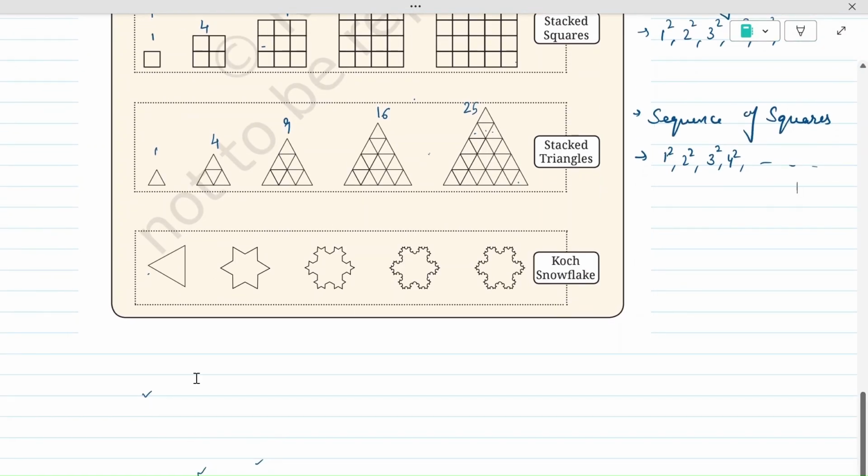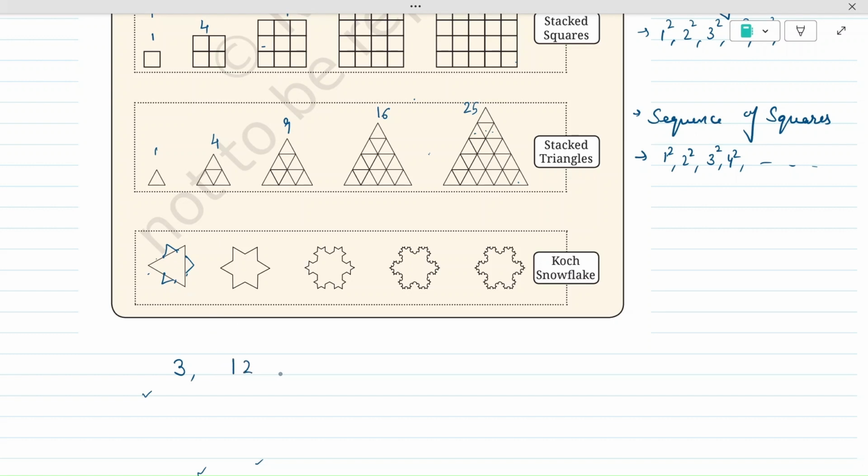The last one we have is Koch snowflake. So kids, what we did here was we had a three-sided shape, and then we divided each side equally into three parts using a triangle here, here, and here. So we divided this shape into a 12-sided shape now.